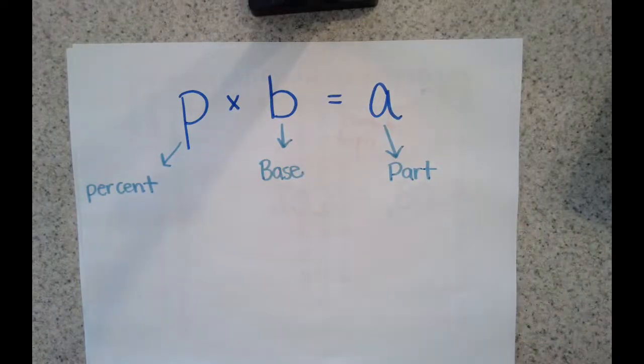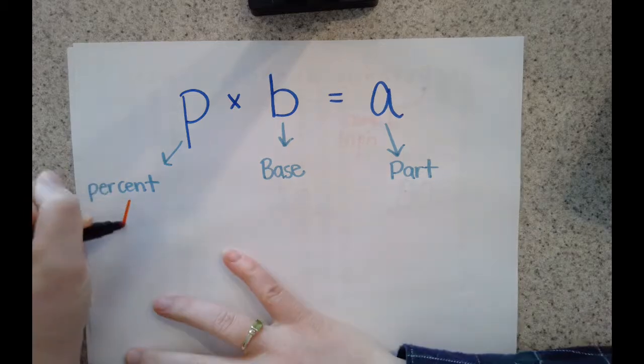Now, anytime you're doing math with percentages, you never actually multiply 60% times 20 bucks. You have to change the percent to a decimal before you can do any math with a percentage. So that's an important thing I'm going to note here.